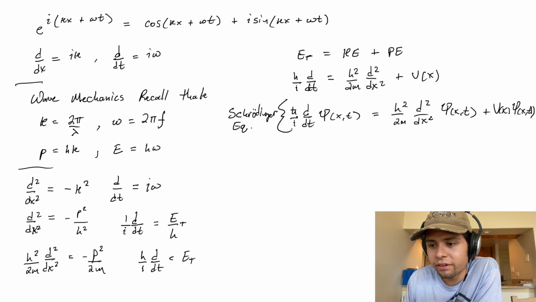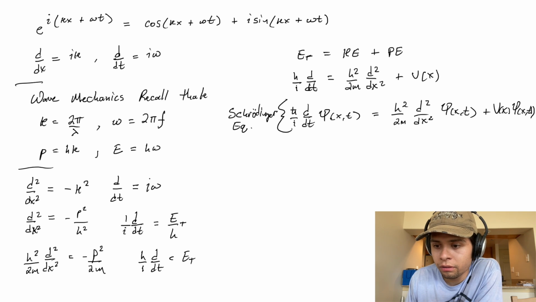So the derivative with respect to time of some function, and again, this function is a state, right? And that state can be represented as a ket vector, and it has its corresponding bra vector as well.